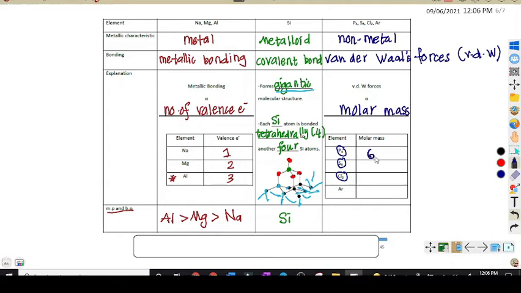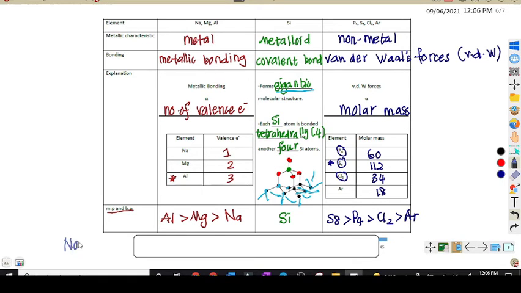The molar mass would be 124, 256, 71, and 40. The highest van der Waals forces belong to the highest molar mass, which is S8. So we arrange the non-metals: S8 stronger than P4, stronger than Cl2, stronger than argon.